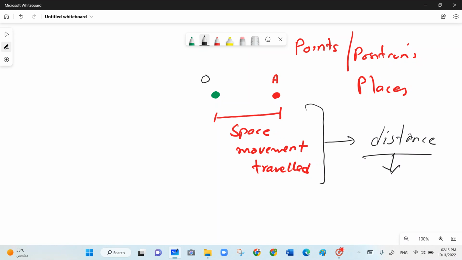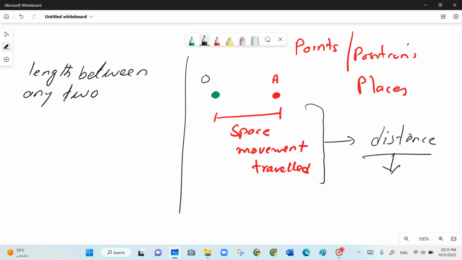So in short, we can say distance is the length between any two points, positions, or places.